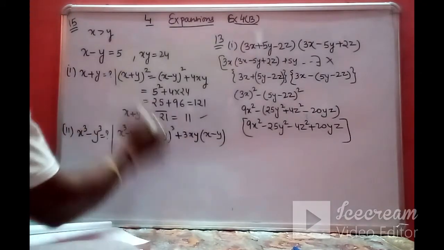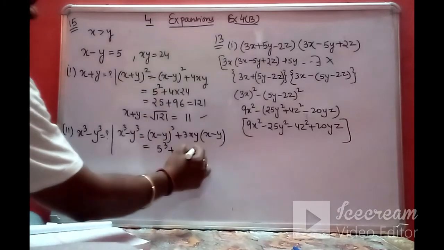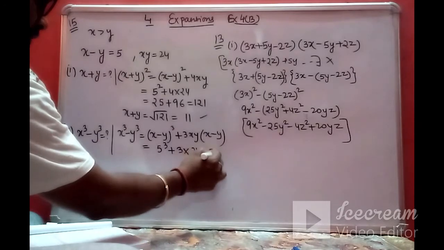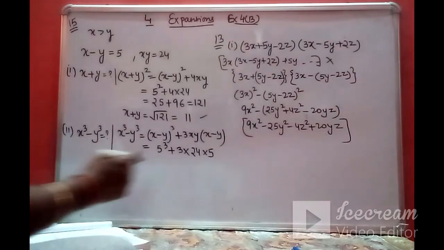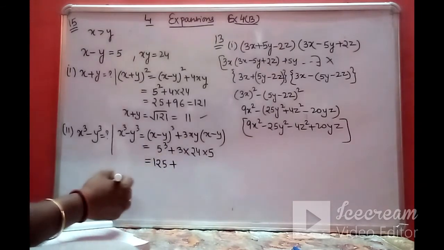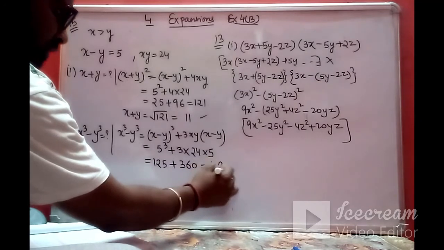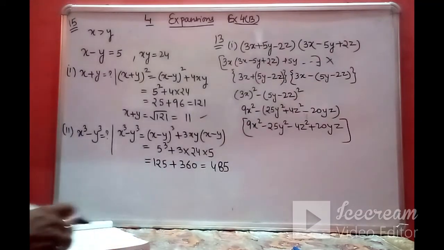So what is x minus y? 5 cube plus 3 into xy, which is 24, into 5. So solve it: 125 plus 360. So our answer is 485. Okay, this is our x cube minus y cube.